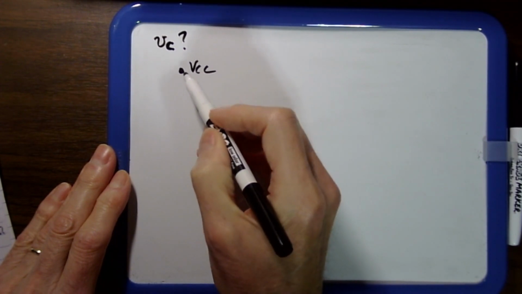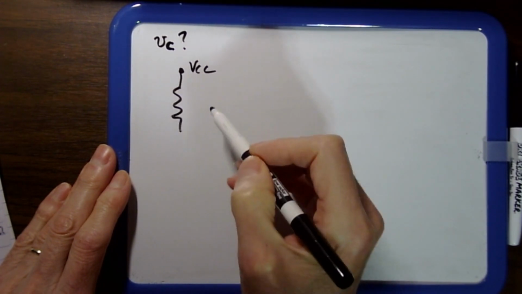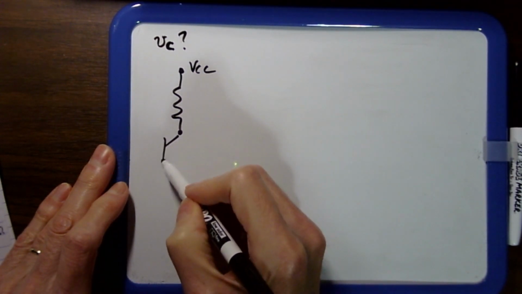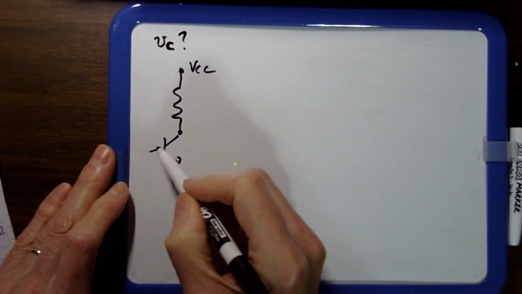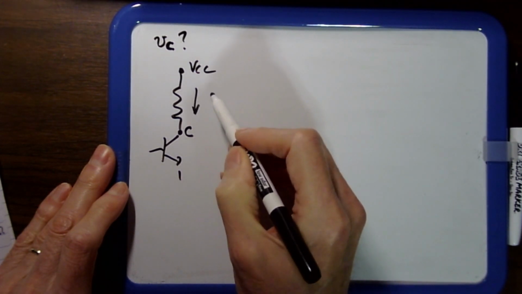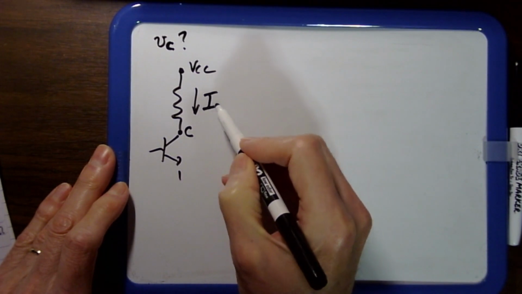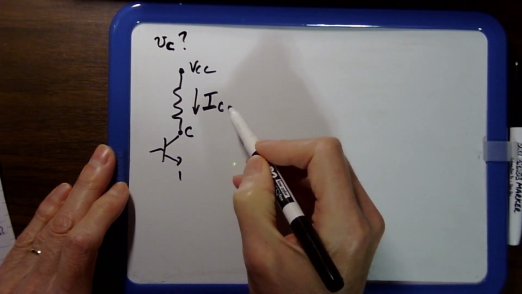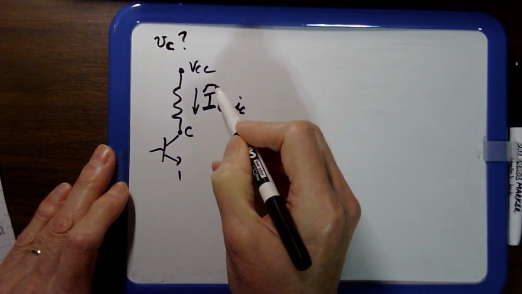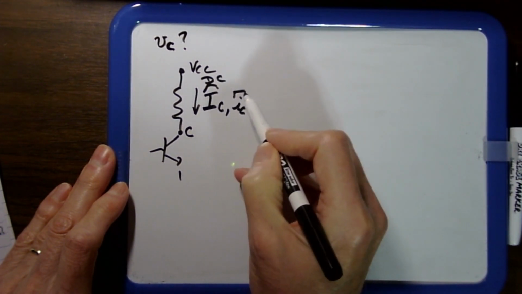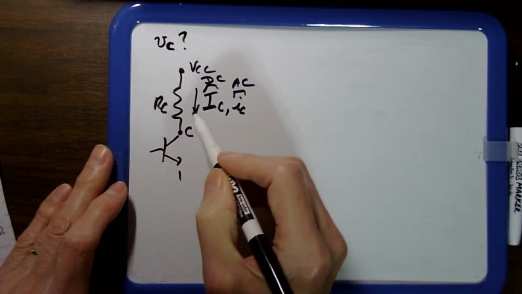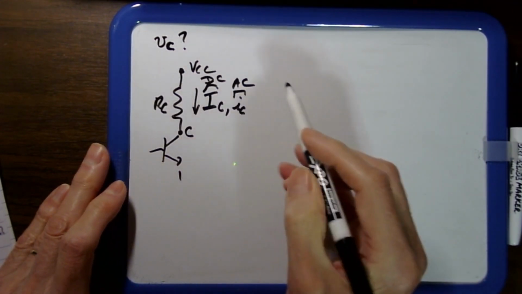So VCC, RC. Here I'm just doing the collector leg. Okay, so that's the collector. So here you have IC, big I, capital C, and you have small i, small c. So this is DC, and this is the AC part. And this is, of course, RC, the resistance in the collector, and that's the source voltage.